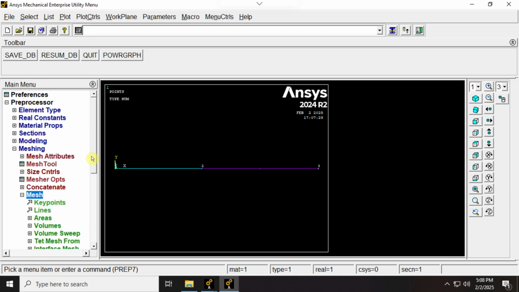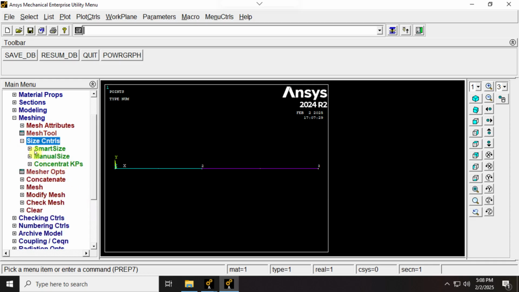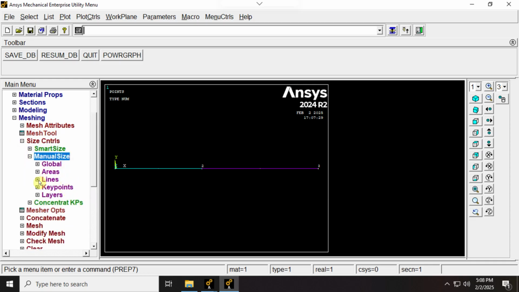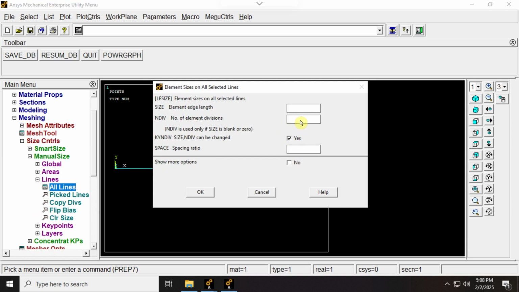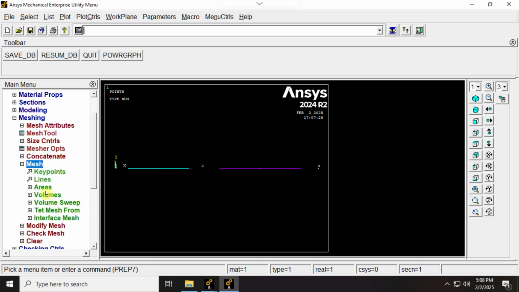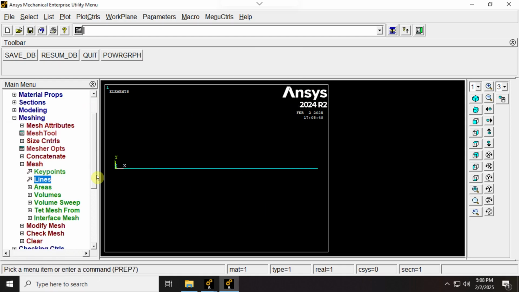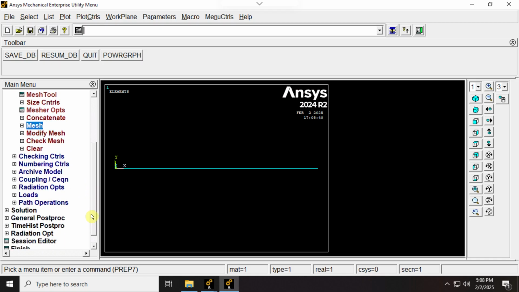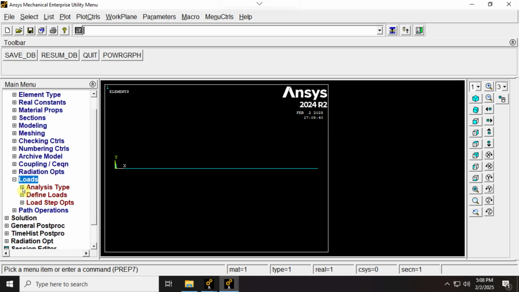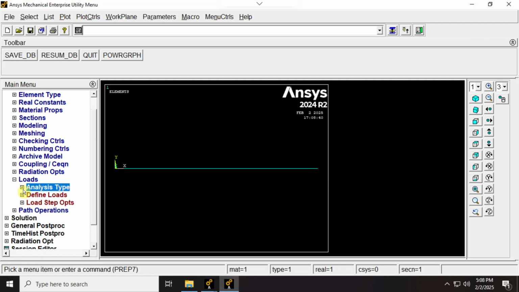Next is mesh sizing. One element is sufficient here, so for all lines I'm going to assume just one element. Since I have mesh attributes assigned already, I'm going to mesh all the lines. So we have them. Then loads: analysis type is already static, and define loads.